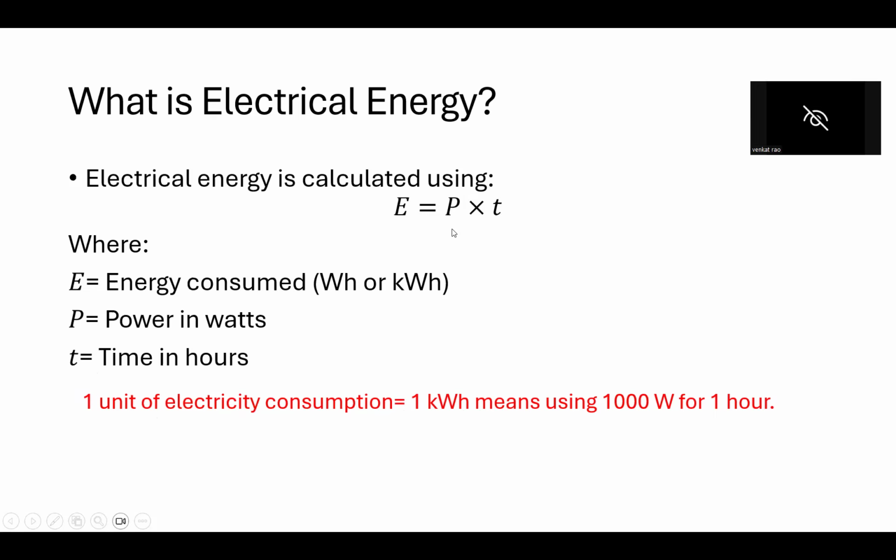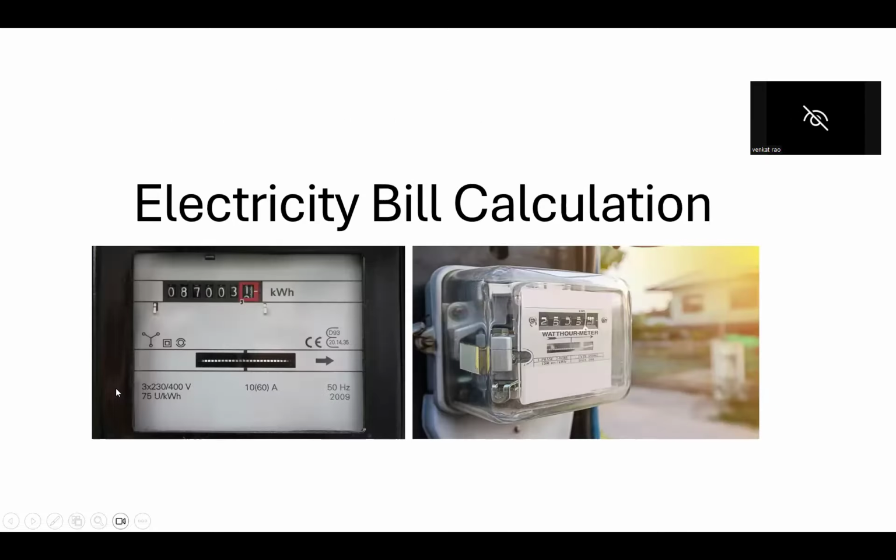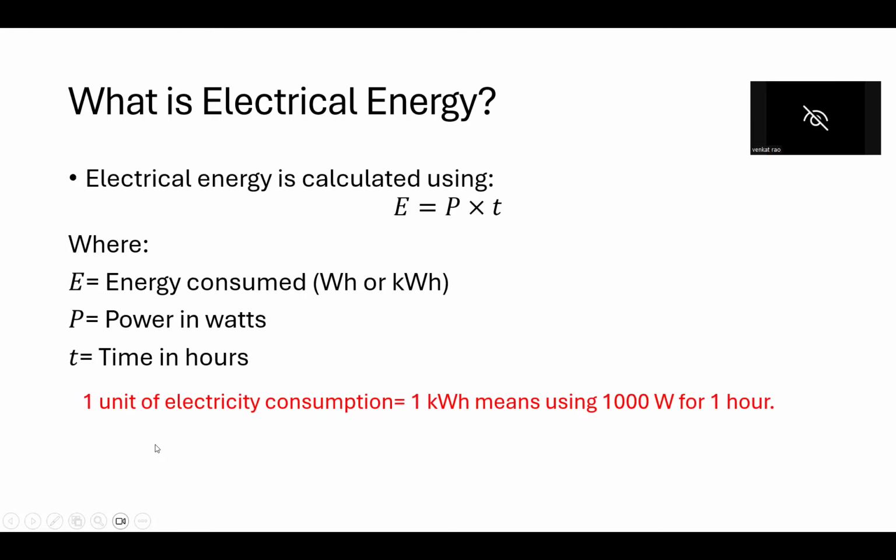So that is the indication of this. If you measure this value and it is equal to 1000 watt hour, that is nothing but 1 kilowatt hour. Each 1 kilowatt hour is considered as 1 unit of electrical energy consumption. So based on this number of kilowatt hours, we can identify the number of units consumed from the electricity meters.